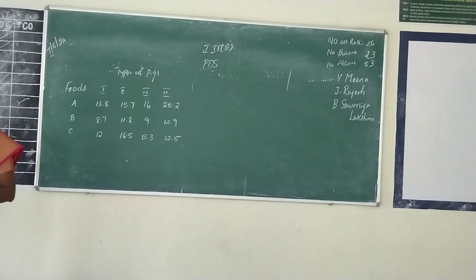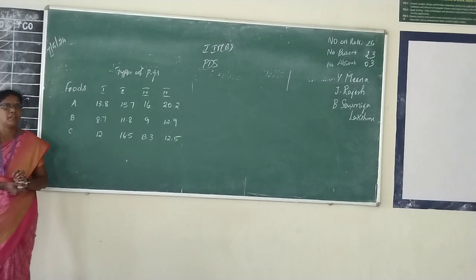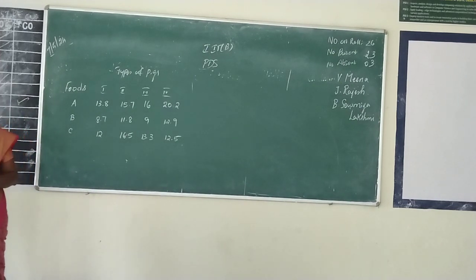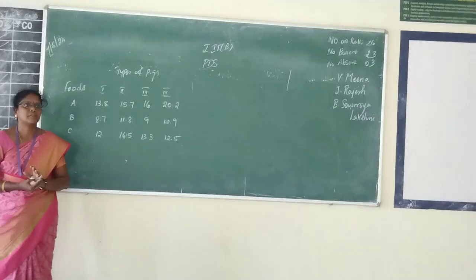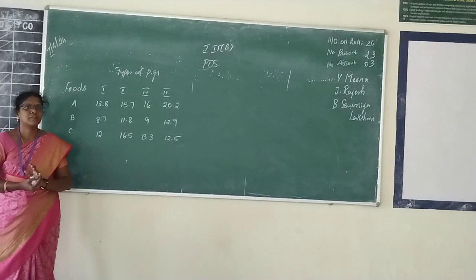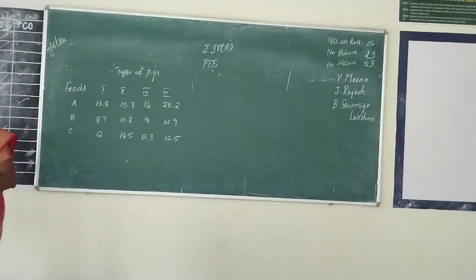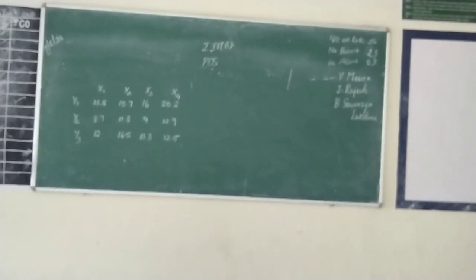H1: there is a significant difference between columns, and there is a significant difference between rows. Columns are denoted as x1, x2, x3, x4 and rows are denoted by y1, y2, y3.